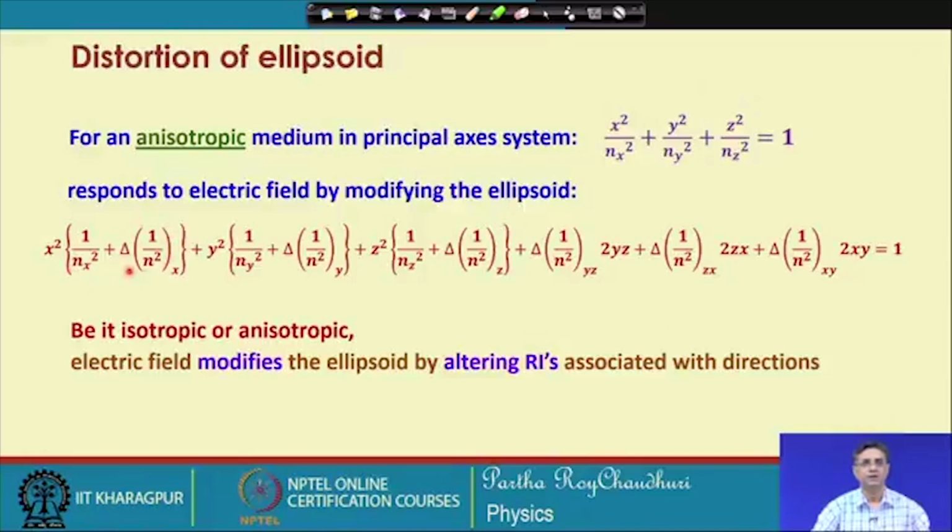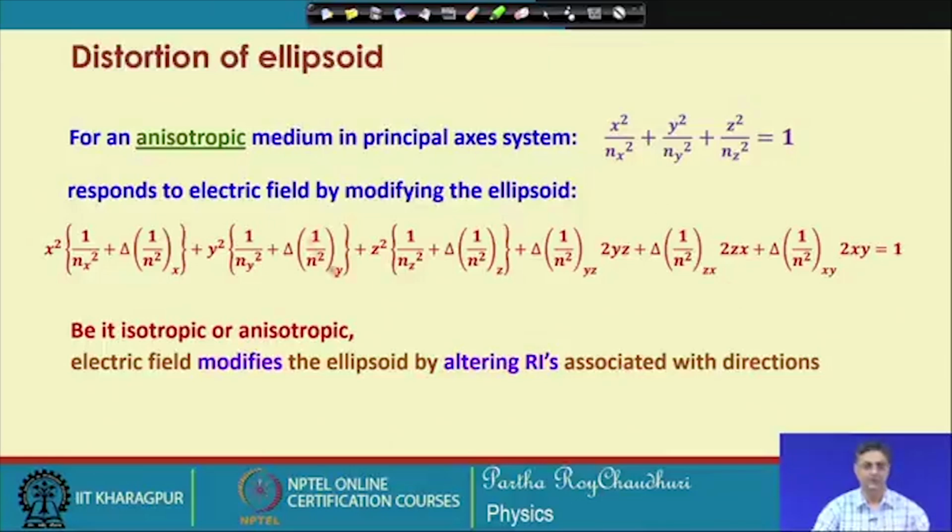You have an incremental change, which is because of the presence of the electric field, delta of 1 by n square, with terms in x, y, z, yz, zx. These are the new terms coming into the index ellipsoid. So, be it isotropic or anisotropic, the electric field modifies the ellipsoid by altering the refractive indices associated with the direction.